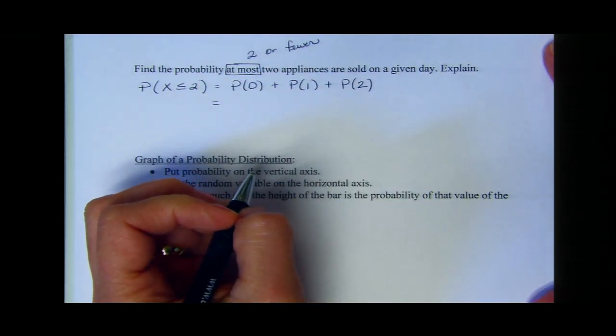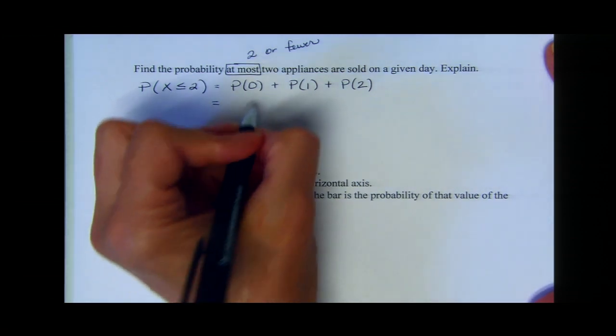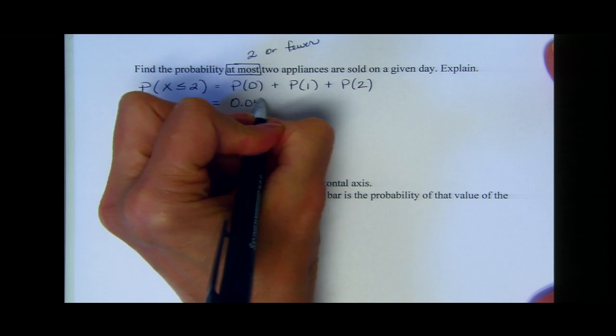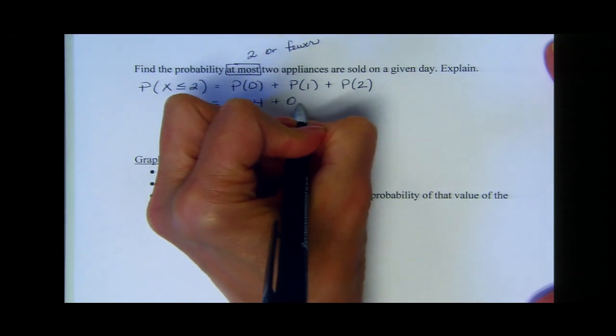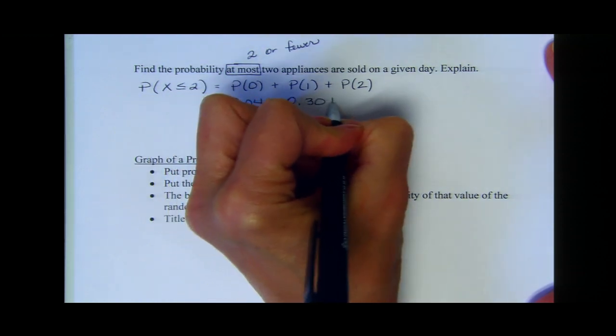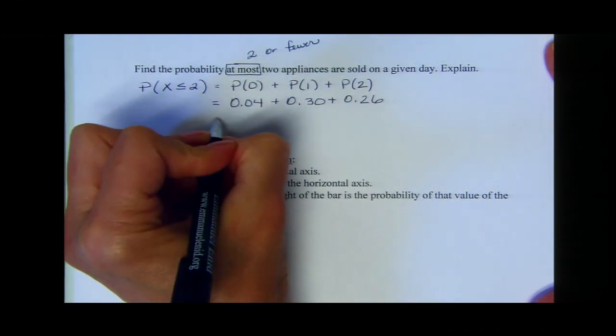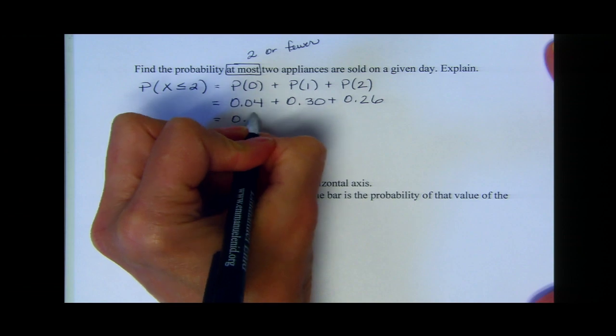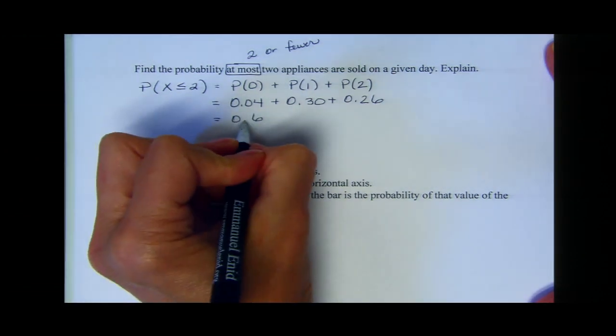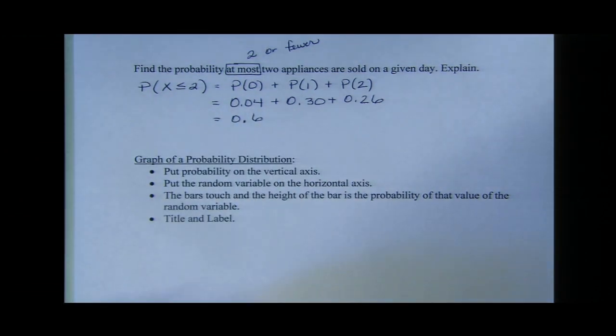So going back to my probability distribution table, the probability of 0 appliances was 0.04, 1 was 0.30, and 2 was 0.26, and you add all of those up and you get 0.6, and 0.6 is 60%.